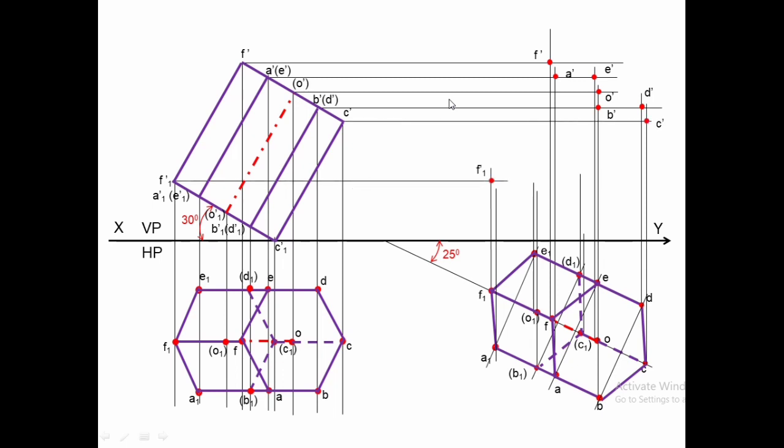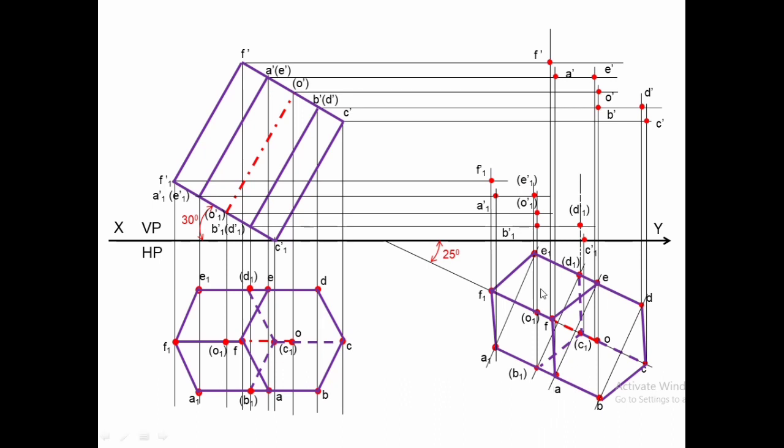Come to the bottom face, and C1. So all the corner points of the hexagonal prism have been marked here. We'll apply the conditions to draw the visible and invisible lines.